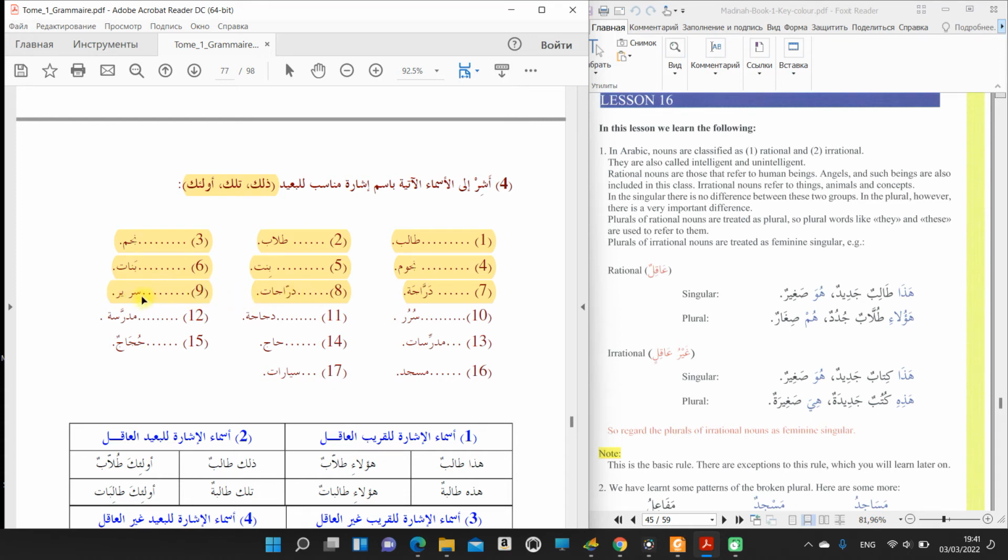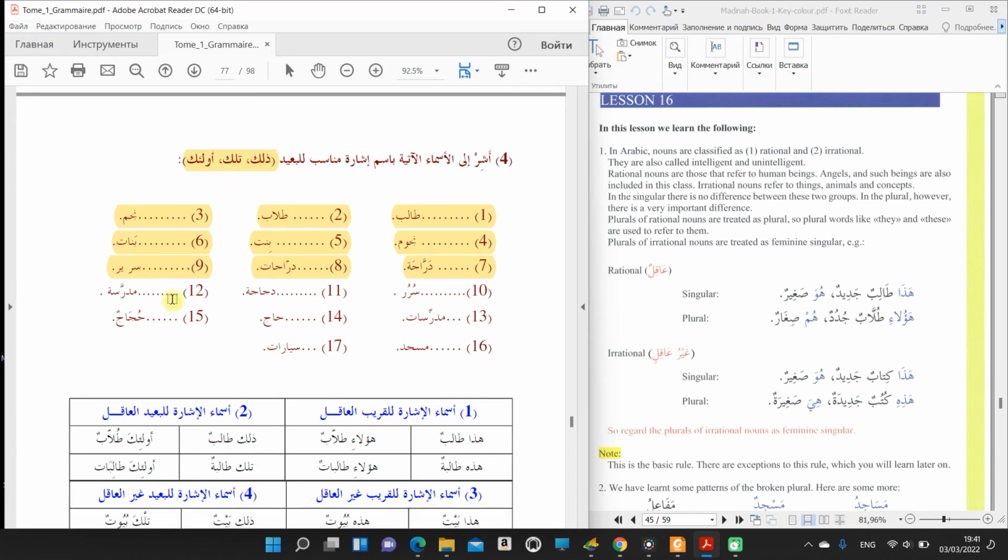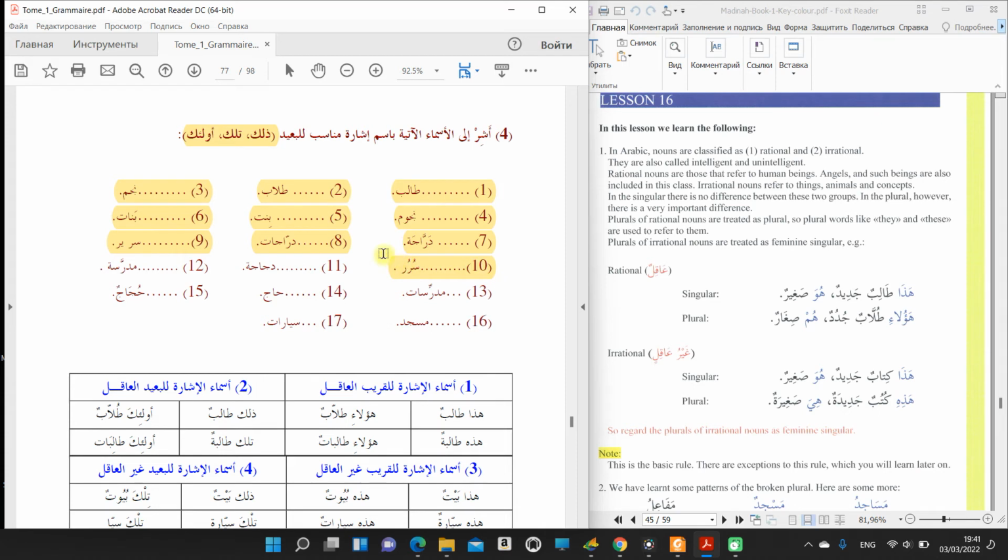سرير means a bed, therefore ذلك سرير, that is a bed. سرر means beds, the plural. تلك سرر. دجاجة, chicken, تلك دجاجة. I'm sorry. مدرسة, a female teacher, a lady teacher. تلك مدرسة.